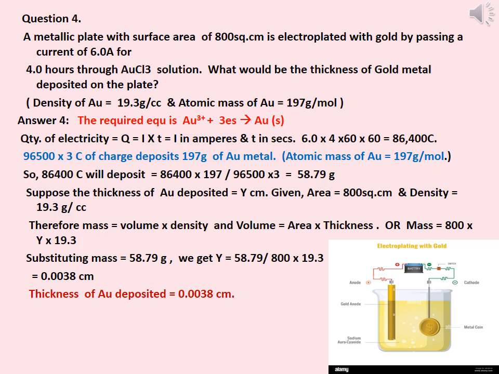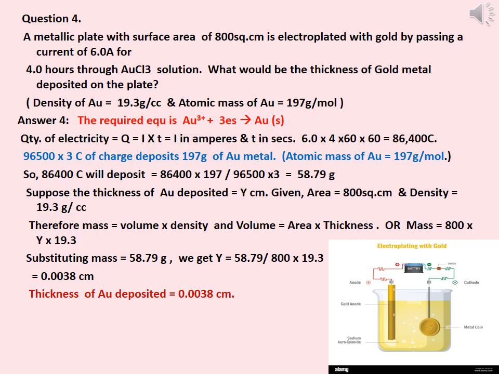Therefore mass works out to be area 800 into thickness, which we have taken as y, into density 19.3. Substituting the mass which we got as 58.79 gram, 58.79 gram is equal to 800 into y into 19.3.